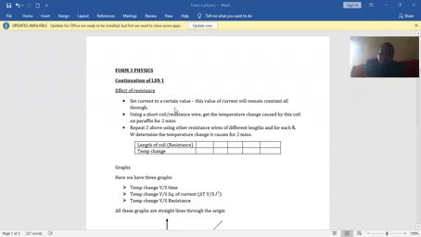Last time, we had a coil, a resistance wire, or what we call an electric heater. And then we said, when that coil is connected to electric current, the electric current is converted into heat energy in the coil.